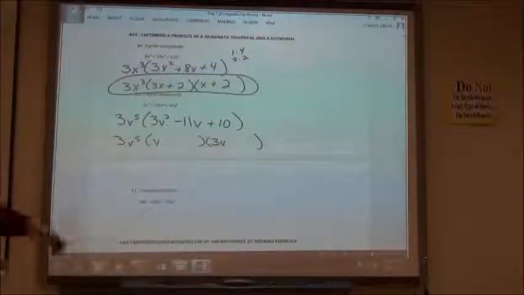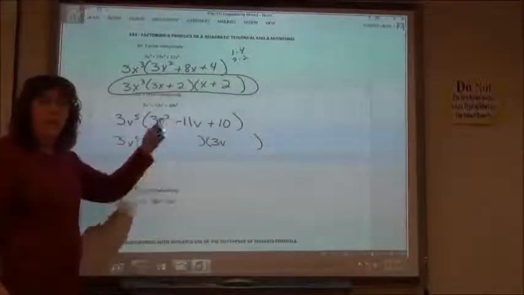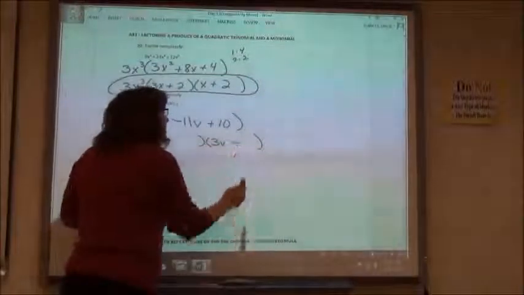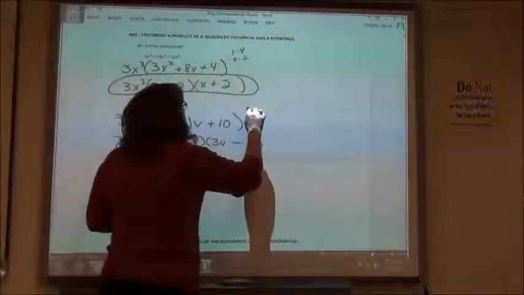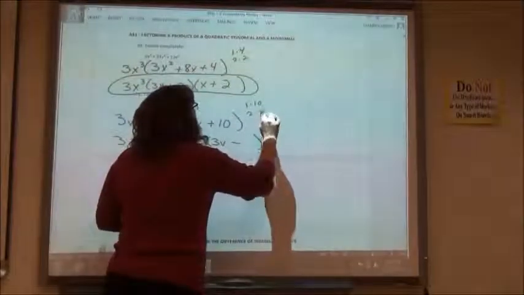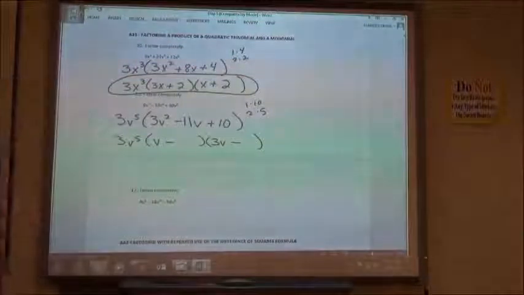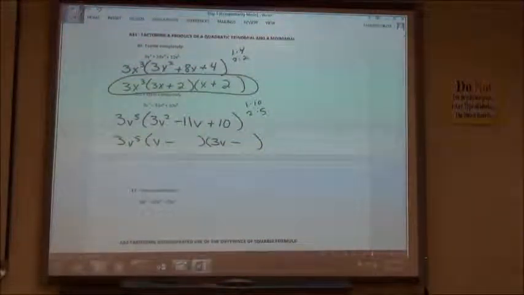Negative? Both negative. The end is positive, so they're both the same as the middle, so a minus and a minus. And pair of factors for 10? 2 and 5. So it could be 1 and 10, but probably it's 2 and 5, and then we got to check that out and see if we can get a minus 11 in the middle.